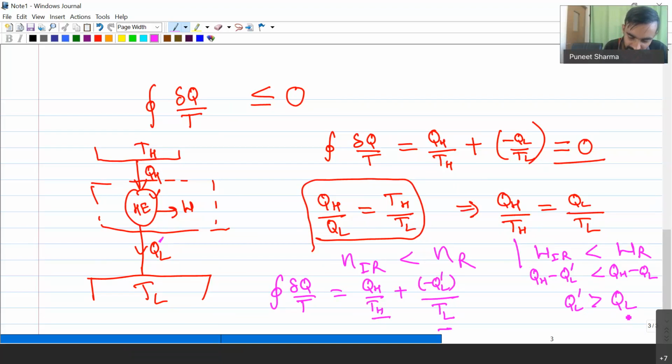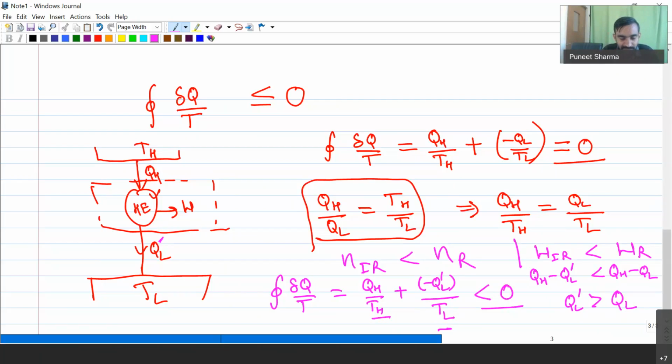So my Q dash L by TL will be greater in comparison to QH by TH. Is this correct? Yes, sir. So in that case, it will be less than 0. Okay. So this I have explained for the heat engine. Likewise, you can try for the refrigerator also.